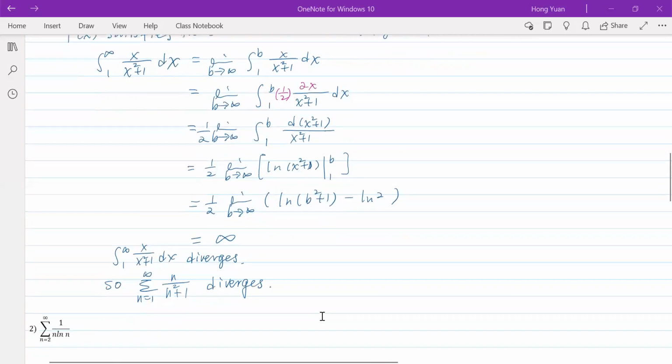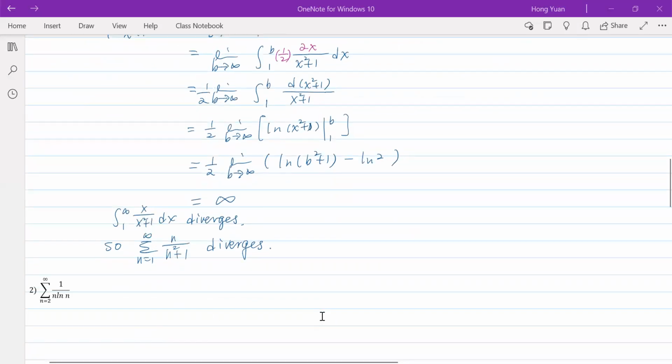Okay, so there's another example. I want you to click pause here and solve it on your own. Okay, welcome back. So, diverges or converges? Yes, the answer is diverges.